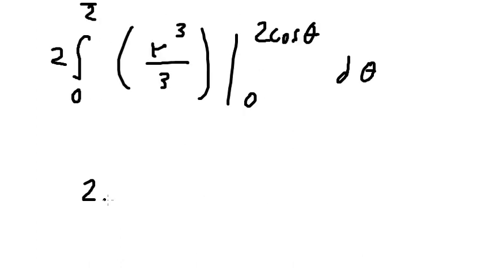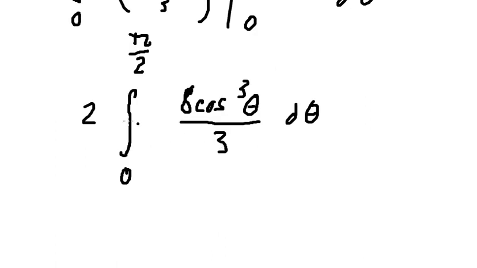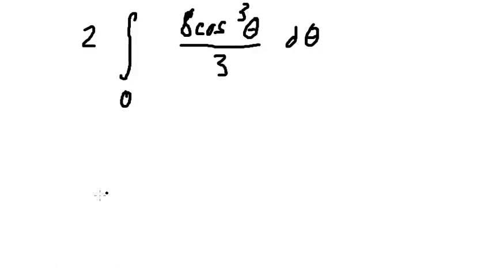So we have number 2, the integration from 0 to pi over 2. And this one, we have number 8 cosine theta to the power of 3 over number 3. So 8 over 3 multiplied by number 2, we have 16 over number 3.